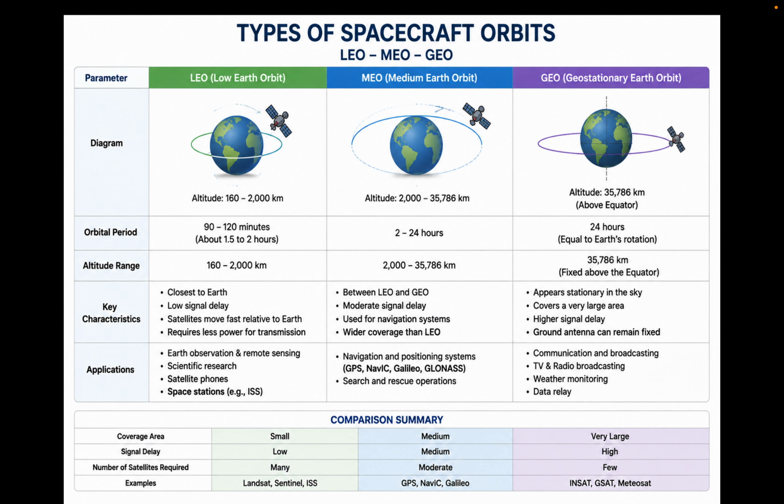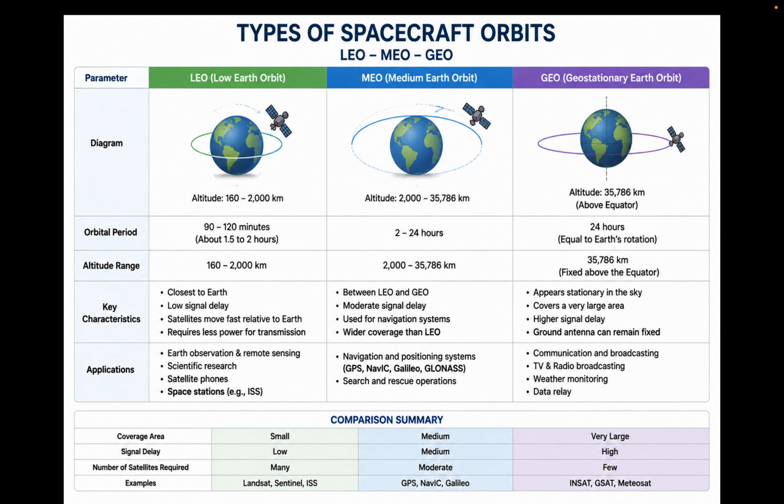Another category of orbits is the geostationary orbit. We call an orbit geostationary when the satellite revolves around the Earth at the same speed as that of the Earth. And the satellite appears to be stationary with respect to the observer always, because as it moves with the same speed as the Earth, whenever we see the satellite, it will be at the same position, because both the Earth as well as the satellite move with the same speeds.